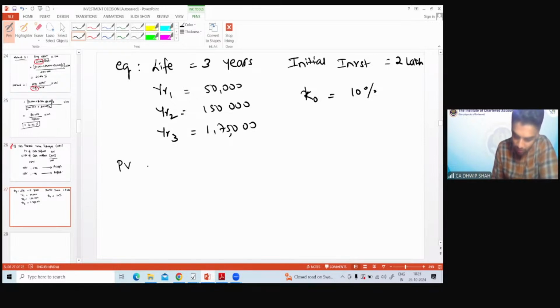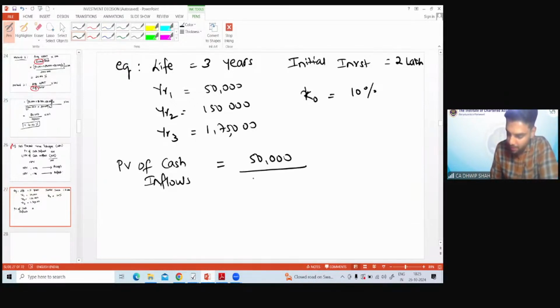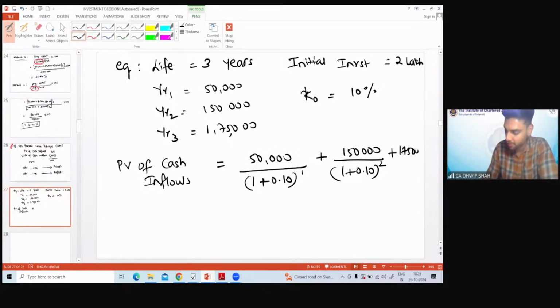Okay, so we know how to calculate the present value of cash inflows. Our formula was this: it is nothing but future value divided by 1 plus r raised to n. Yes or no? For year 2 it will be 150, 1 plus 0.1 raised to 2, and for year 3 it would be 175, 1 plus 0.1 raised to 3.